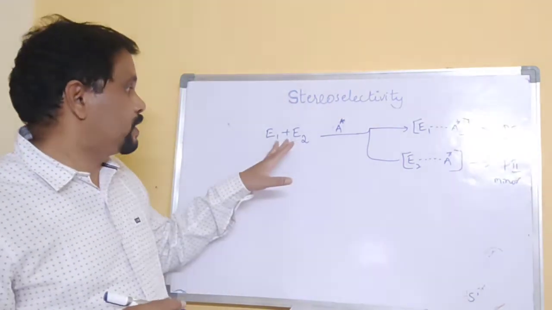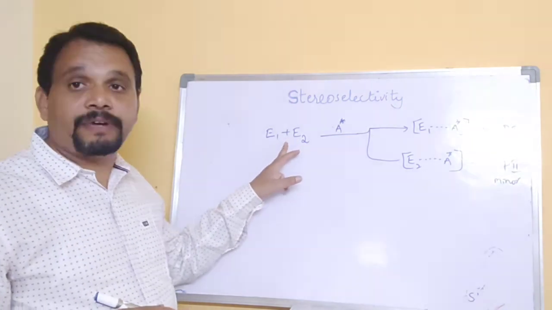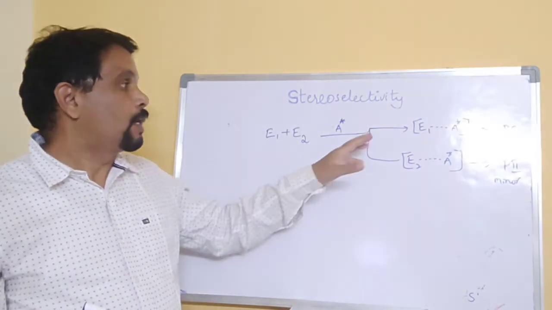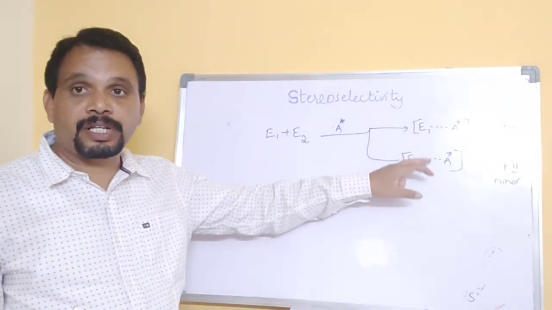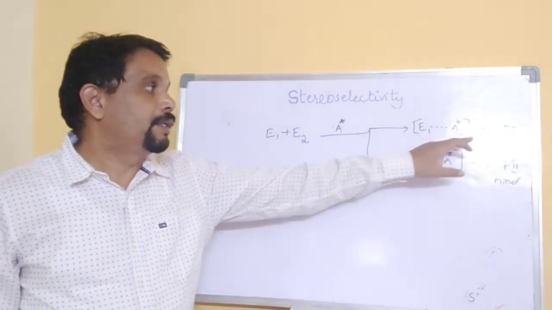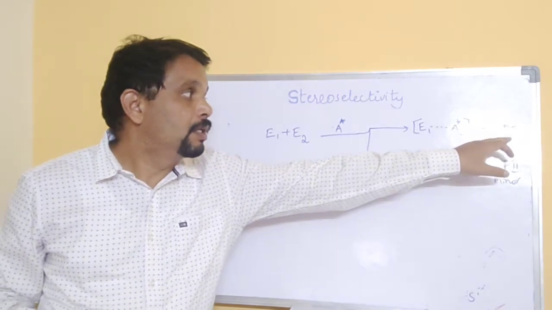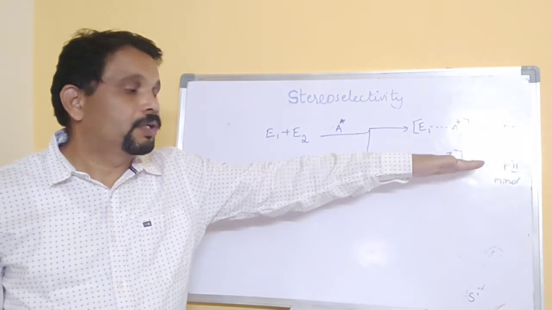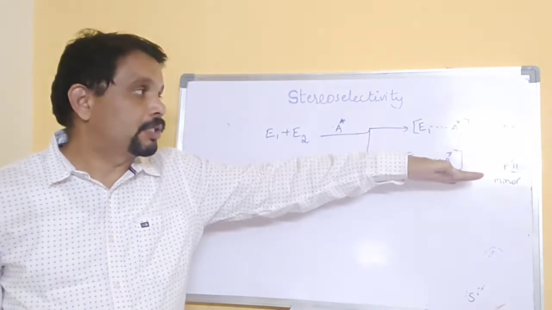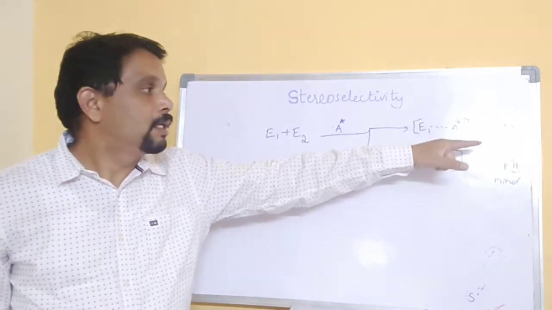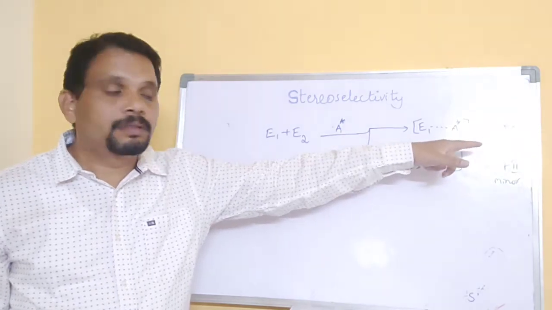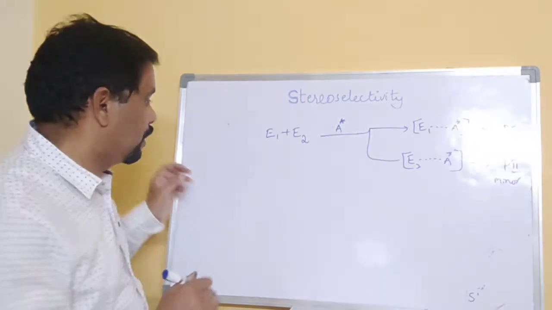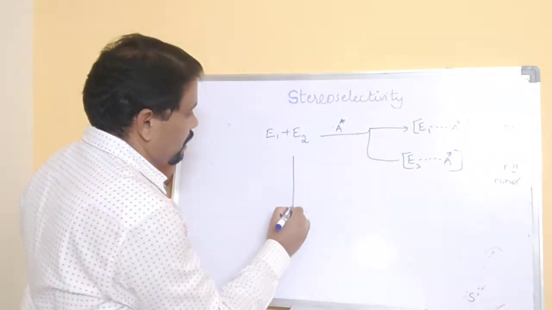First, this mixture of enantiomers reacts with this reagent and forms transition states, and these transition states give the corresponding products, product 1 and product 2. Suppose I say product 1 major and product 2 minor, how can we justify? I'll show you the energy diagram for that.